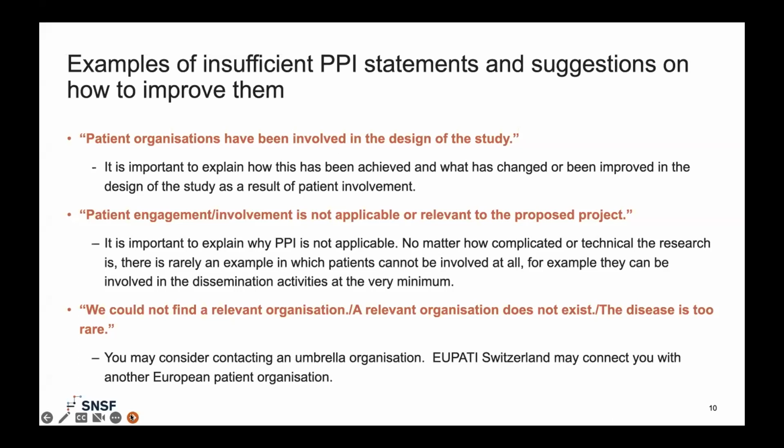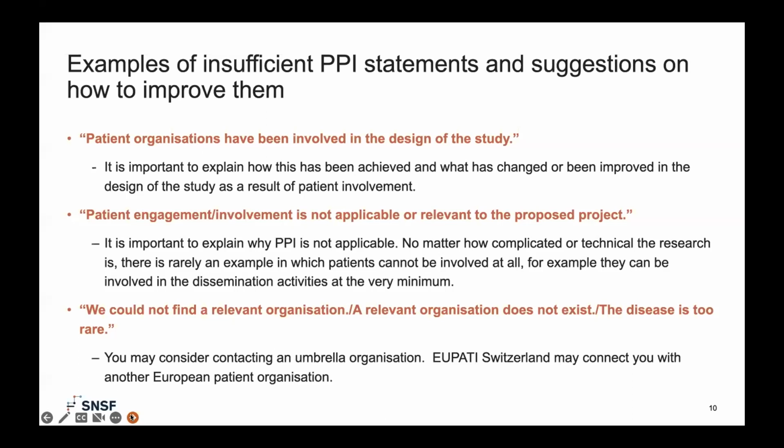Patient or public involvement is not applicable or relevant for the proposed project. I think the moment your clinical trial touches people, users, consumers, there should be relevance for them. So I'm sure at the beginning, if it's the first time you work with PPI, it's not clear, but there are people willing to help, and we are here to help as well, in finding a way to make it relevant for your project.